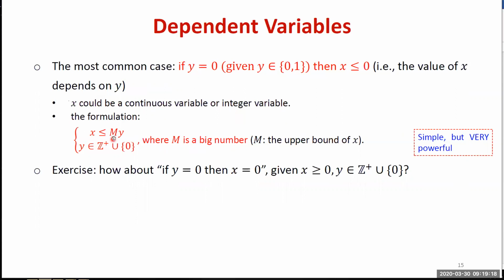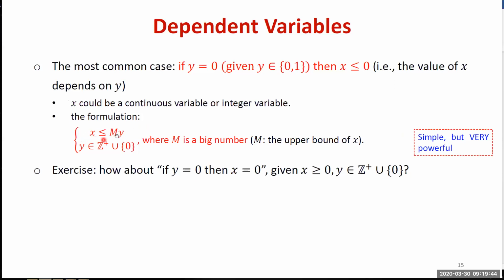M can be defined as the upper bound of x, so that if y equals 0, then your x must be less than or equal to 0, although in most cases, x less than or equal to 0 means x equals 0. If y equals 1, then you have x less than or equal to M, because M is the upper bound of x.